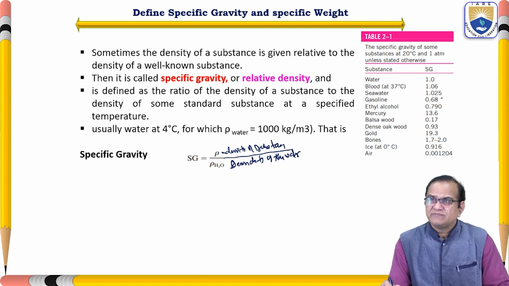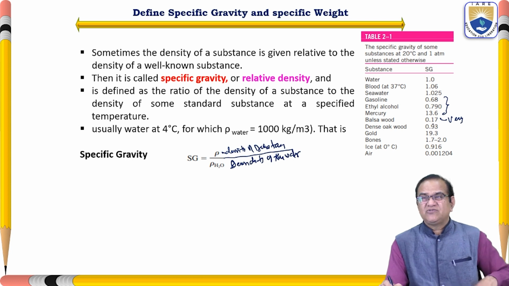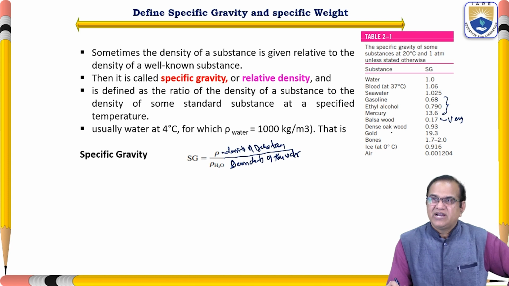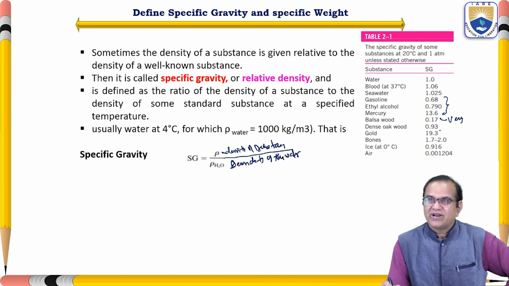So these, gasoline and ethyl alcohol, are lighter than water. Mercury is very heavy, 13.6. Balsa is very, very light, 0.17. That is why for our aero modeling we use balsa wood. Dense oak wood is 0.93.